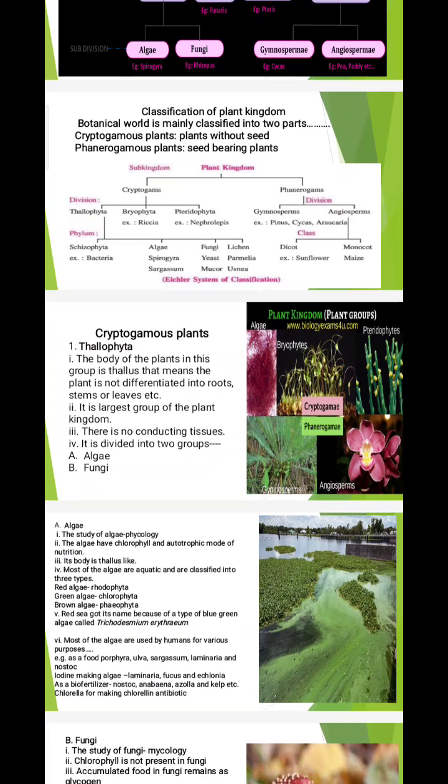So let's move toward the cryptogamous plants, and in that the first division is the Thallophyta. Thallophyta is nothing but the plants which are having the thallus body, and they are not differentiated into root, stem or leaves etc.